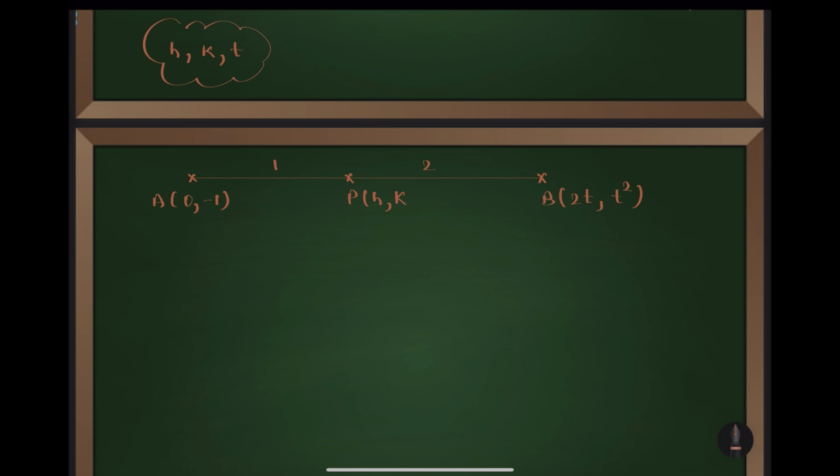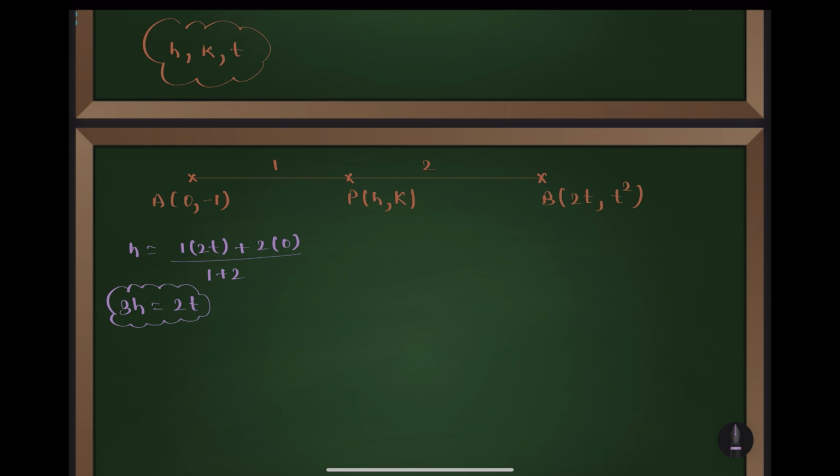Now apply the section formula. First I'll go with the x coordinate. So it is 1 multiplied with 2t plus 2 multiplied with 0, divided by 1 plus 2. So 3h is equal to 2t.